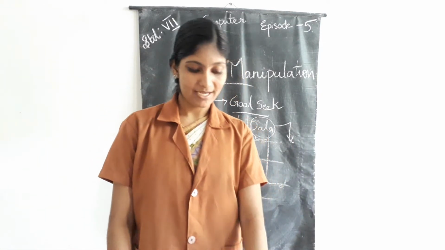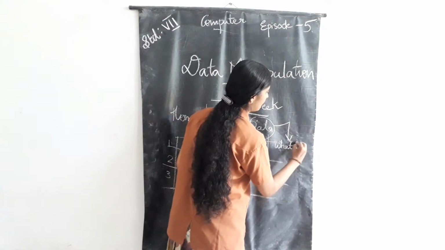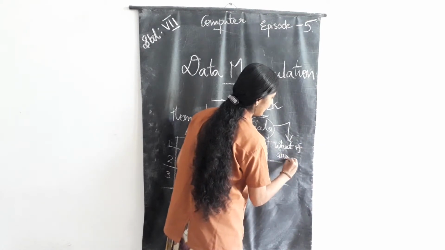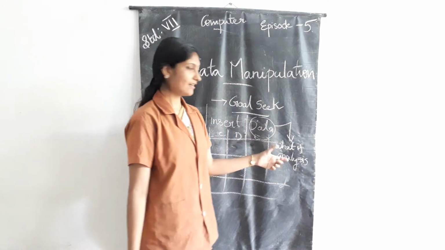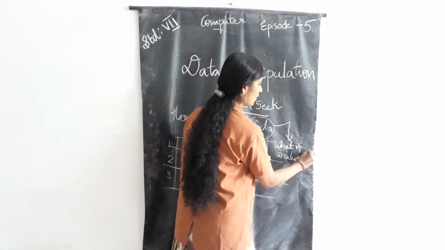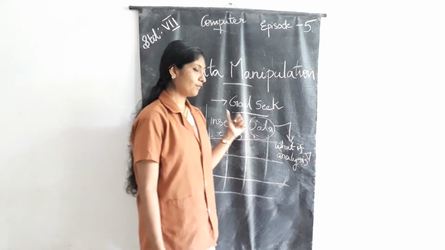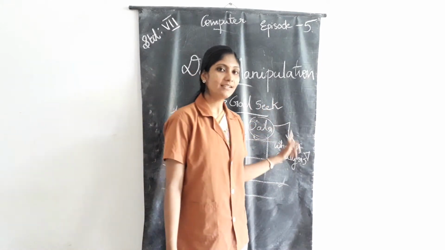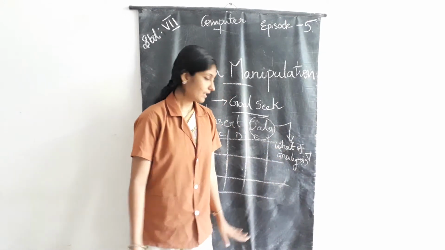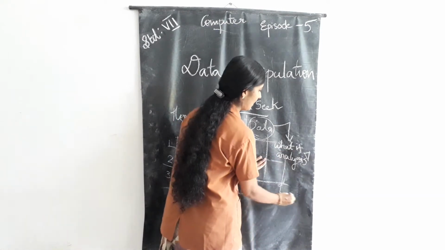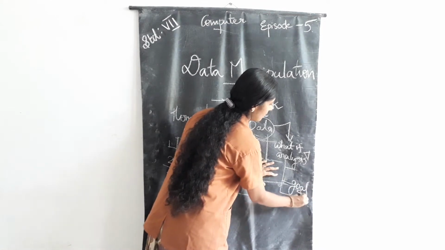What if analysis button is a drop down list. Drop down list means it contains some list of items, so we can select the options from the what if analysis. From here, select goal seek option.